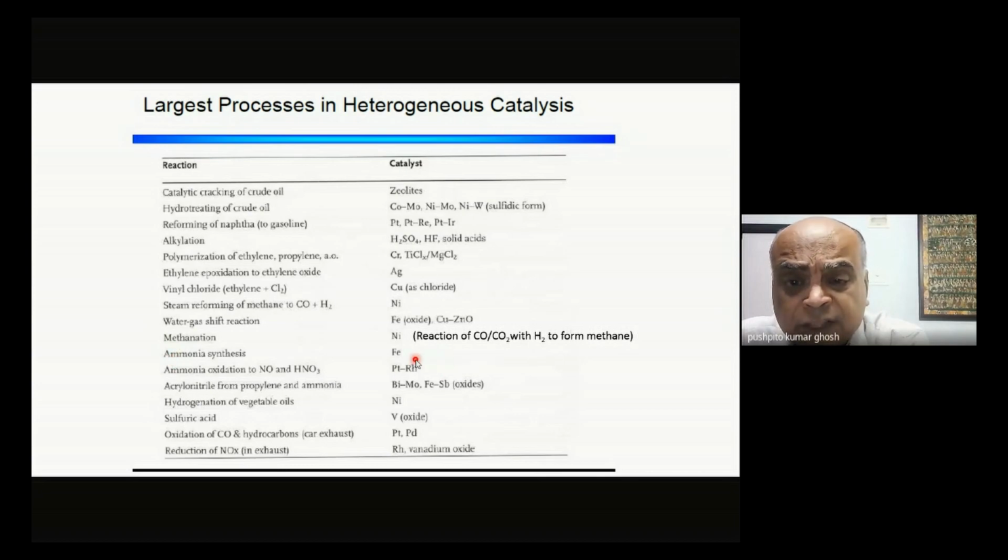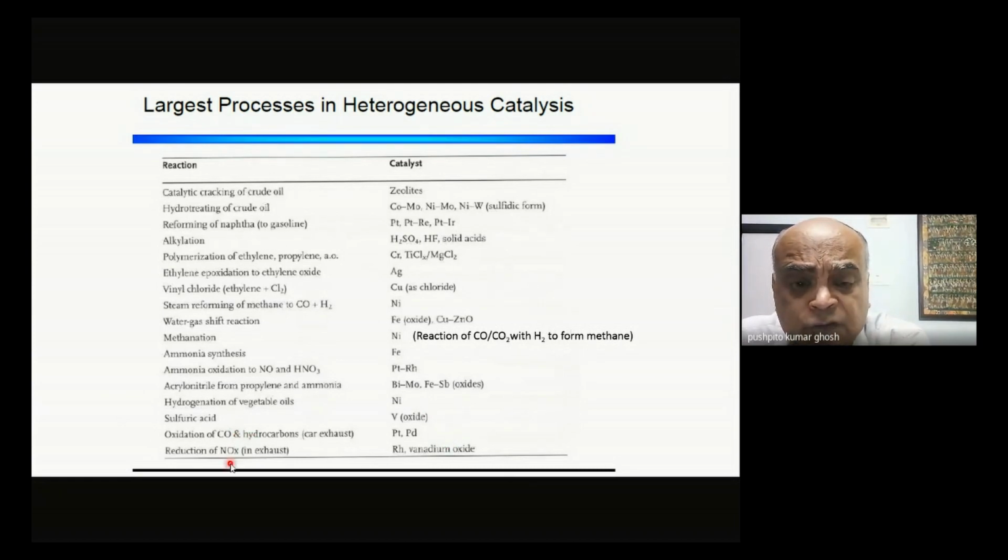Ammonia synthesis with iron catalyst. Ammonia oxidation, the Ostwald process, with platinum rhodium. Acrylonitrile, hydrogenation of vegetable oils, Dalda, was one of the biggest applications in the food industry. Hydrogenated vegetable oils. Sulphuric acid, what we're talking about, vanadium pentoxide.